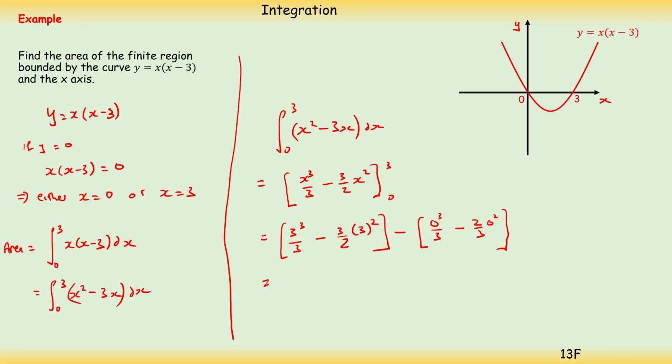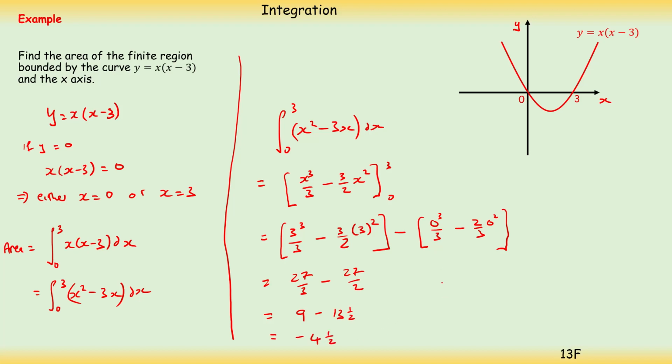So I've got 27 over 3 minus 27 over 2. Simplifying, that gives me 9 minus 13 and a half. So my answer is minus 4 and a half.